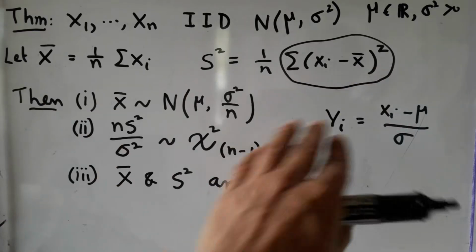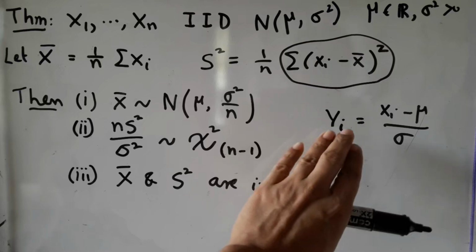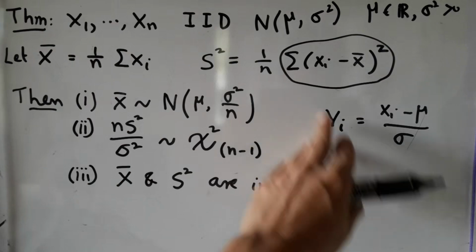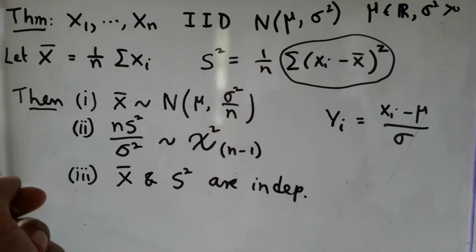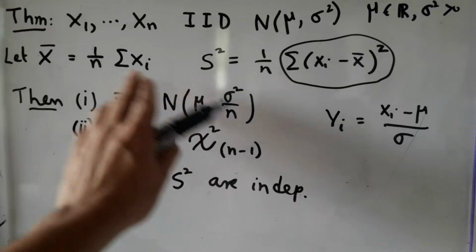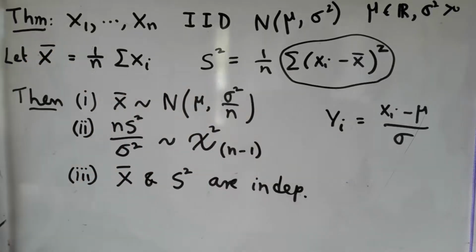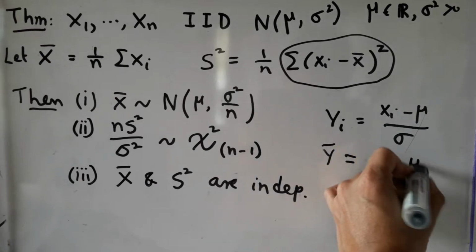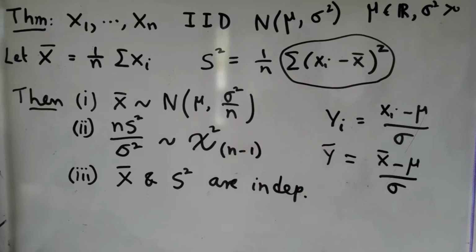In that case, just imagine that you have proved the theorem for yi's. So yi's, you can see, has normal 0, 1 distribution. Now when you do this, you will have the corresponding y bar, and this y bar will be nothing but x bar minus mu by sigma.